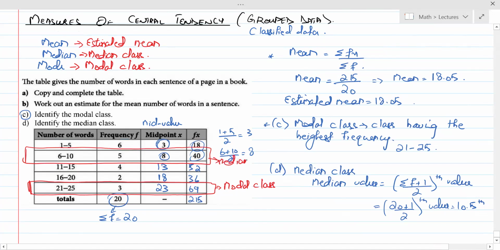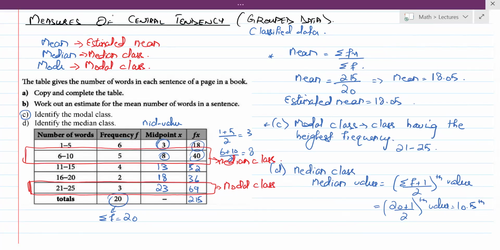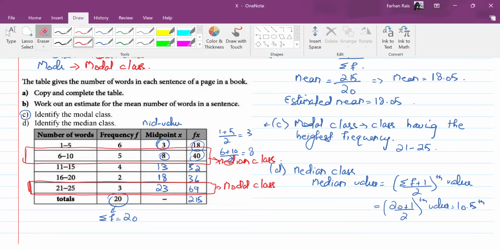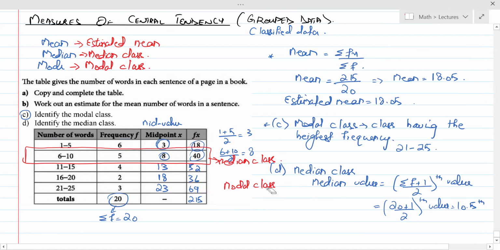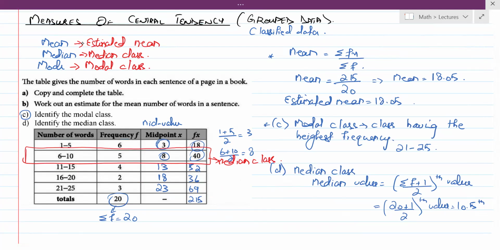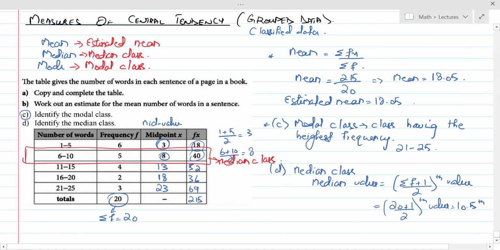Sorry, I just saw that I made a mistake for the modal class. Modal class is a class having the highest frequency. I mistakenly looked at the midpoint, so this is not the modal class. Modal class is the class having the highest frequency. So this class is the class having the highest frequency, which is 6.